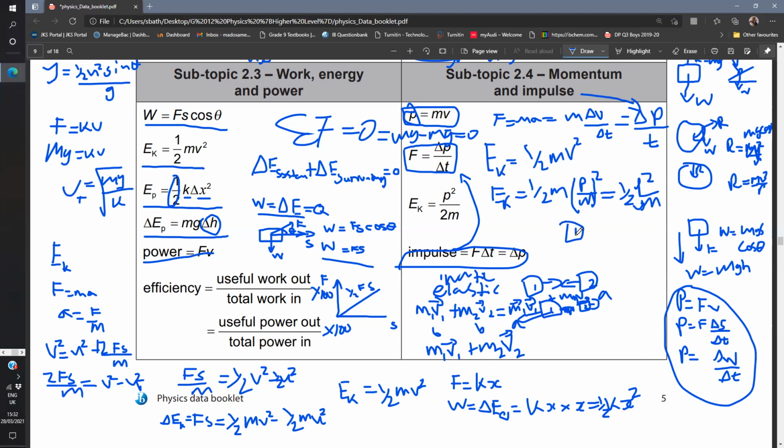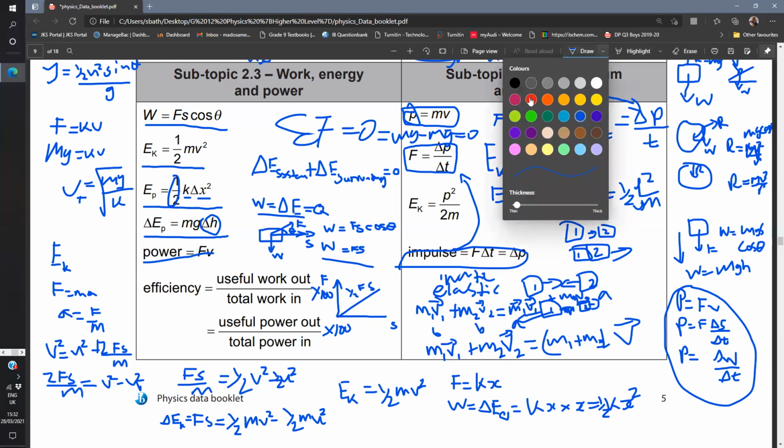So I have one mass here, a second mass here. As this moves, they just get stuck, and they move in the same direction. So it's m1, m2, and then they will have the same velocity, v. Let me change the color so that you don't get confused.